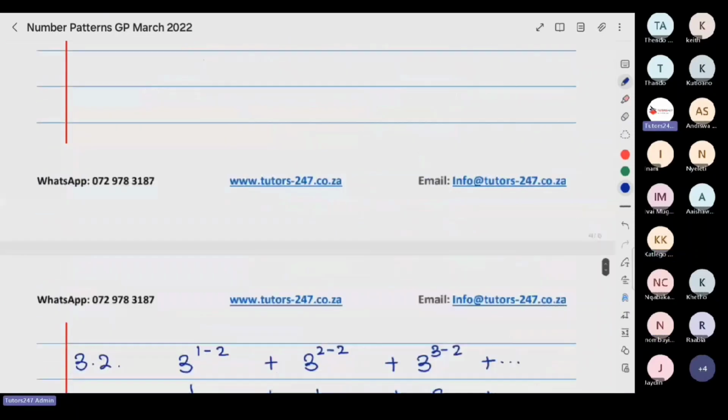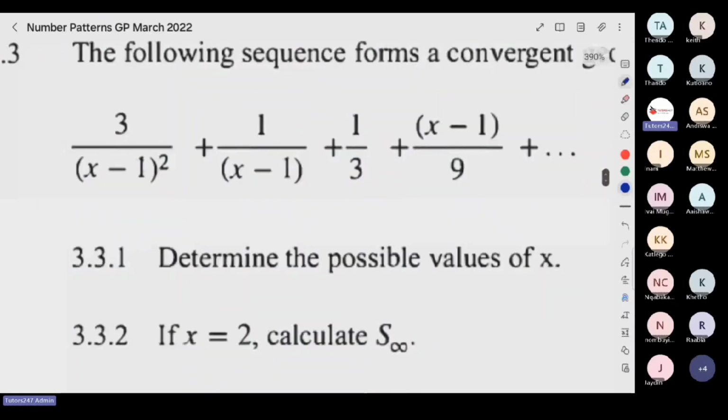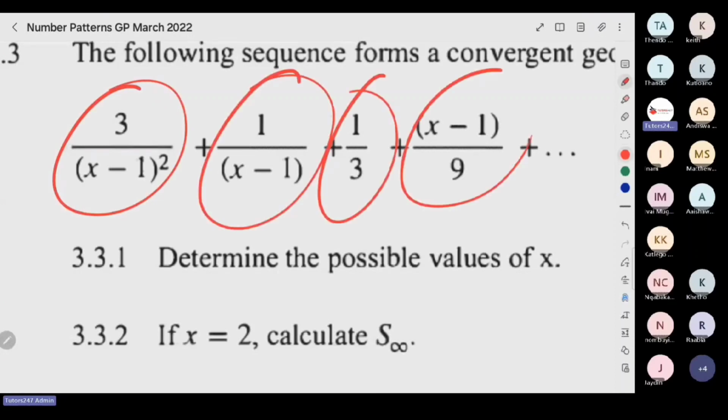Okay, let's start there then. If we go back to the sequence that we were given, we know that a represents the first term. Are you okay with that? Yes, sir. And if you look at the sequence in terms of x, which is the first term? Is it this one, this one, this one, or this one? 3 all over (x minus 1) to the power 2.